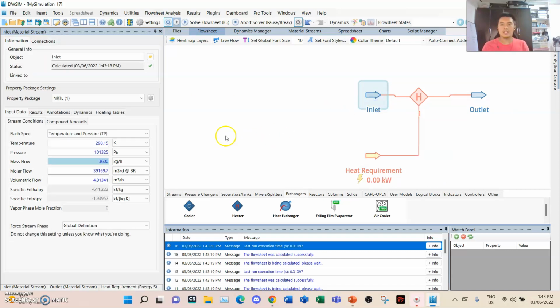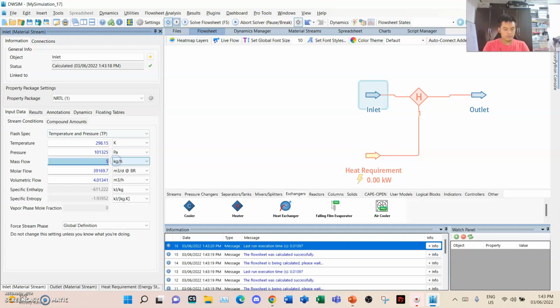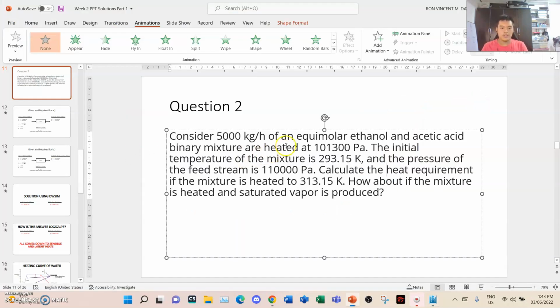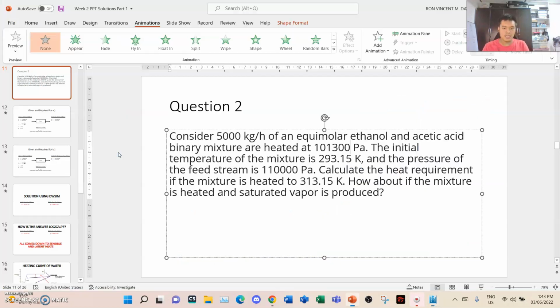Okay, so let's set the conditions. The inlet conditions are 5,000 kg per hour. So we'll put here 5,000. Then mixture heated at 101,300 pascals. So this is the initial pressure, 101,300 pascals.